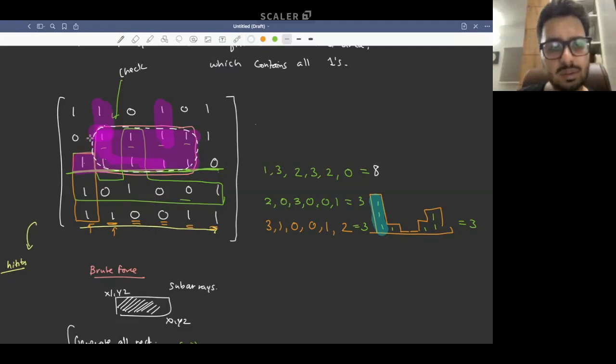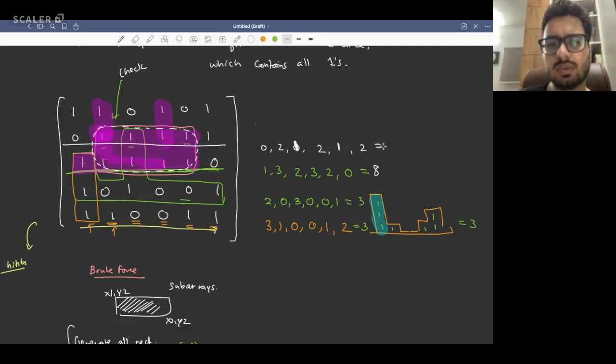Similarly, you do it for the rectangle ending at this row, which is 1, 2, 1, 2. Here it might be maybe 2, either this way or this way. Oh, it can be 3 also. It can be 4 also. That's correct.